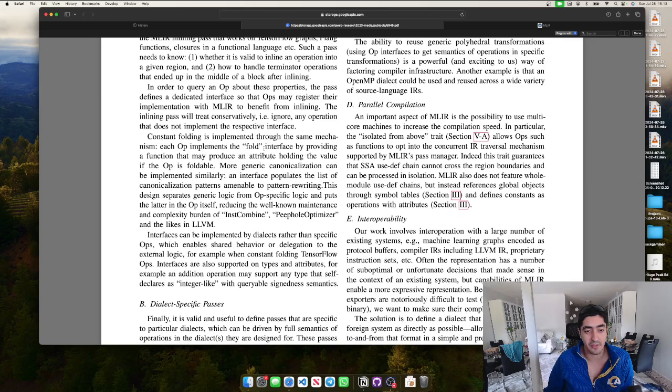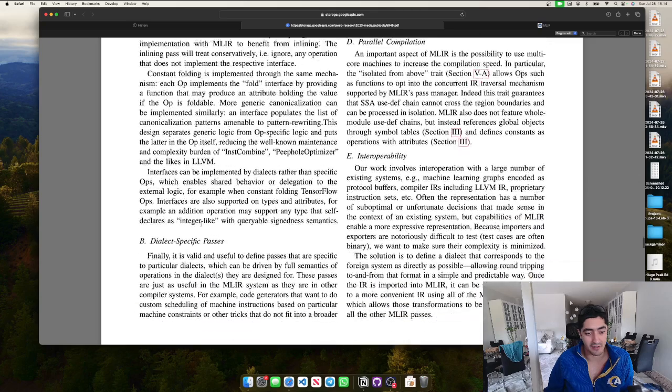This design separates generic logic from operation-specific logic and puts the latter in the operation itself, reducing the well-known maintenance and complexity burden of InstCombine and peephole optimizers and the likes in LLVM.